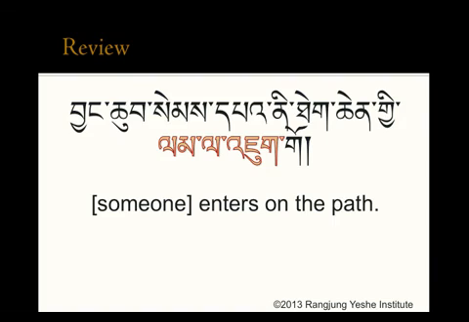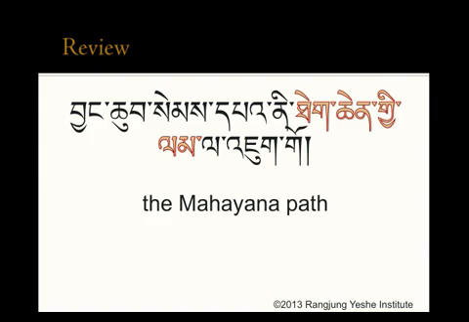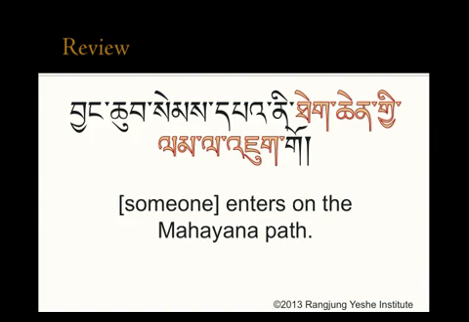Now, to the left of lam, we have a connective particle, so we know that this path is going to be qualified in some way. And to the left of that, we see tekchin, Mahayana. So we can either translate this as the path of Mahayana, or simply the Mahayana path. So somebody enters on the Mahayana path.